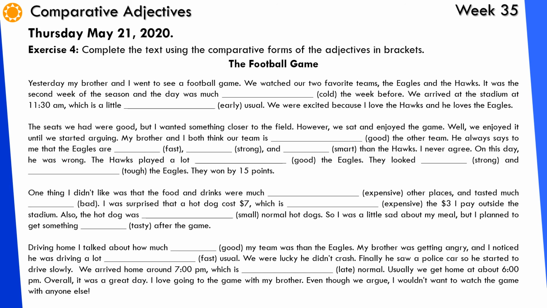Here we have a comparative. We are comparing the weather today and the weather of the week before. So, cold, it's a short adjective. So we write colder. And we need the word than. Okay, now you read the text and complete it. Remember, you don't always use the word than.